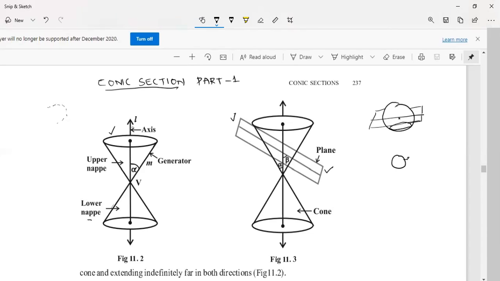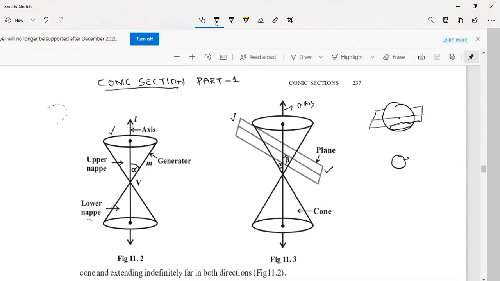This plane will cut the cone, and it can cut at different angles with the axis of the cone. This is the axis of the cone, and this plane is making an angle of beta. It can make 90 degrees, 45 degrees, or it can pass parallel to it and not make any angle. In each case you will find different sections.